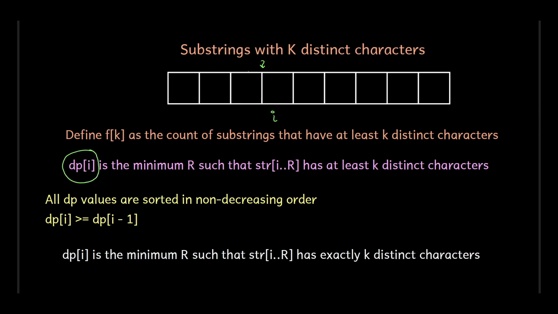Then you utilize this two pointer theory that all the DP values would be sorted. So if the first substring spans till here, then the second substring, if it starts at I plus 1, you already took away some element, so you have to expand it even further. And then finally we applied the trick that if you have the answer for at least k, then you can get the answer for exactly k. That is a very standard mathematical trick.